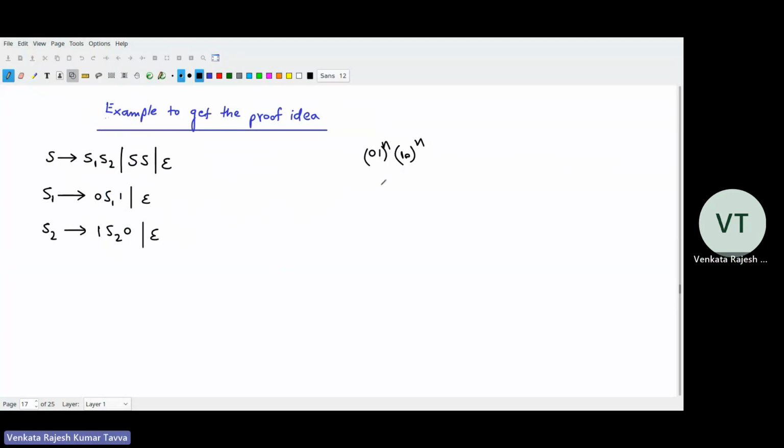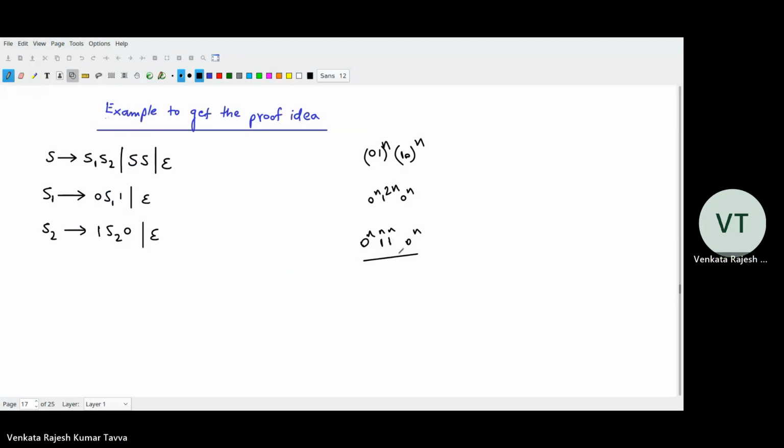Is this 0 power n, 1 power n? 1 power 2n. Okay, 0 power n. Why? Oh, so you are saying you will have ones in between and zeros at the end. Like this, you are saying.